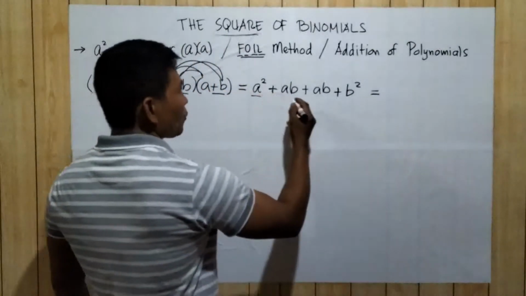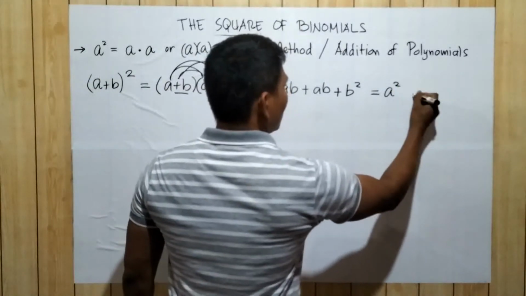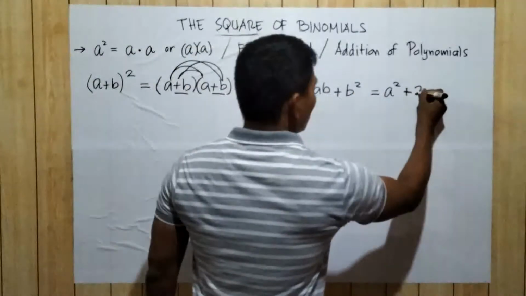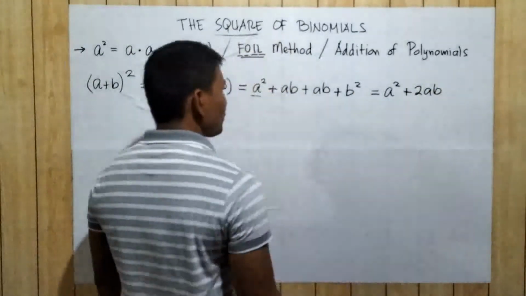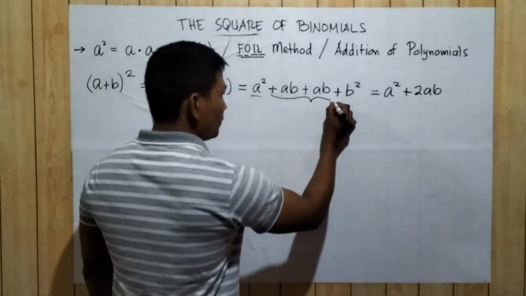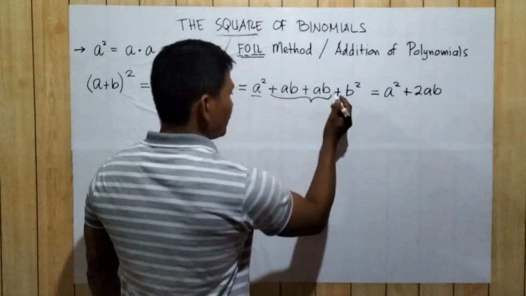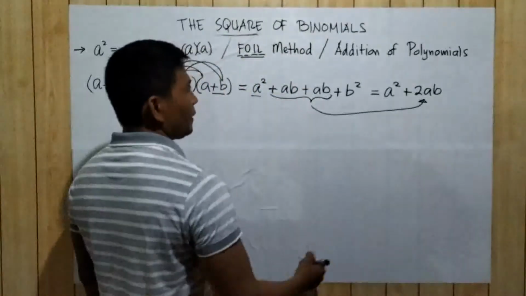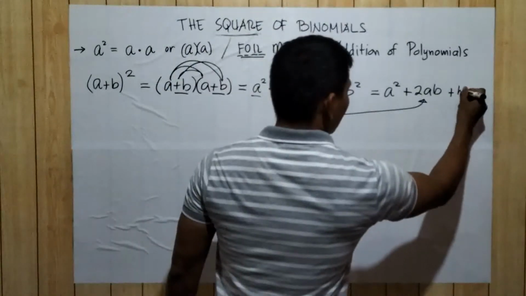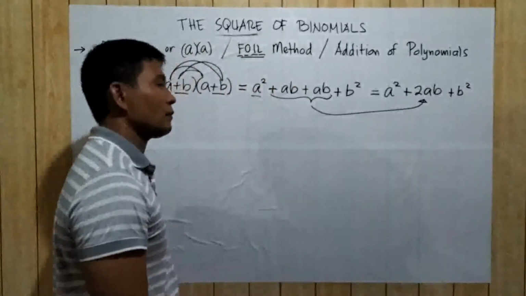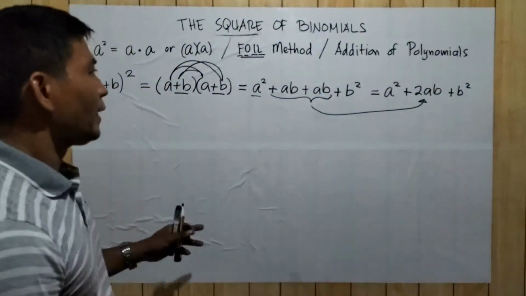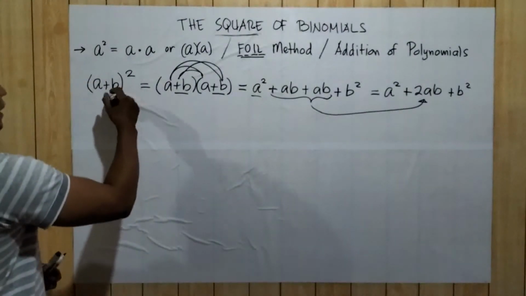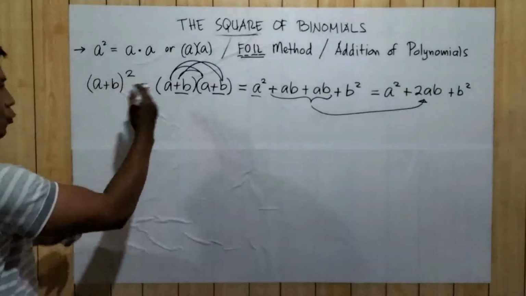So, we have a squared plus, again, ab plus ab is 2ab, tapos plus b squared. Okay, yan po ang ating sagot or product ng ating a plus b squared.